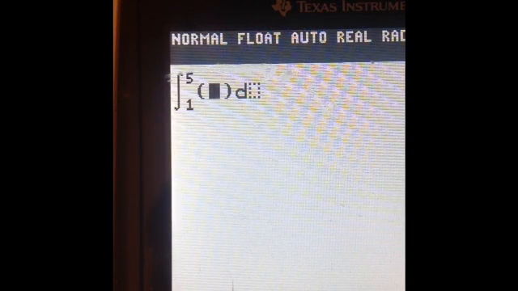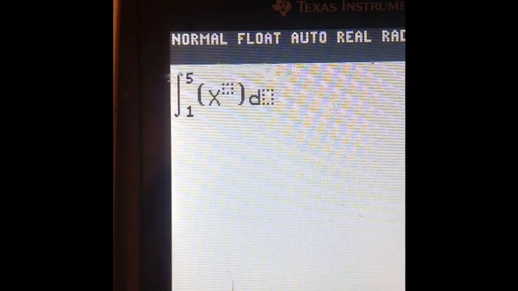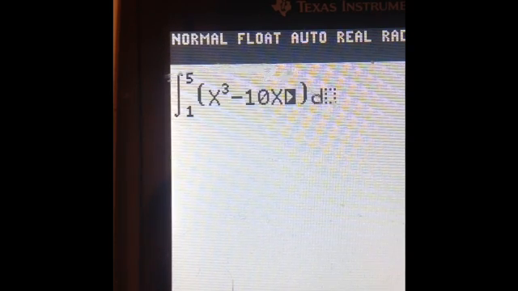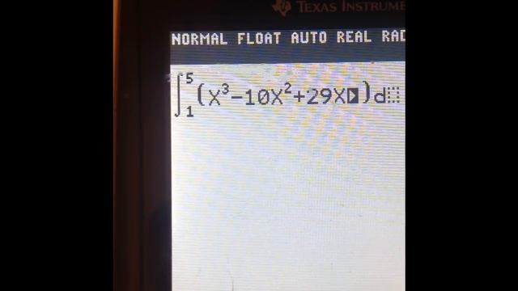So for part A, the displacement, you're going to do Math 9 and then do integral 1 to 5. And we're going to type our original function. So x raised to the third minus 10x squared plus 29x minus 20.